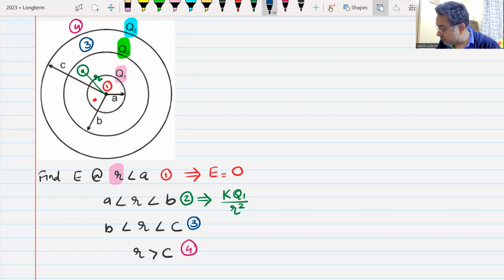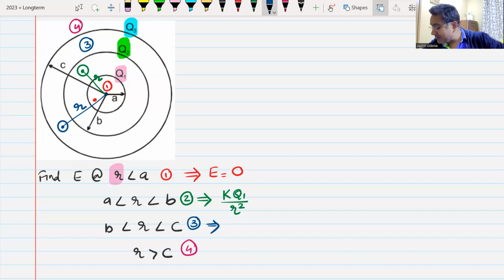Coming to the third point, it is somewhere here in between the two shells, the green and the pink one. Now this distance is given as r. If you look at the blue shell, the point is still inside, so the blue shell cannot create field. Only the two shells, the green and the pink one, will create electric field.